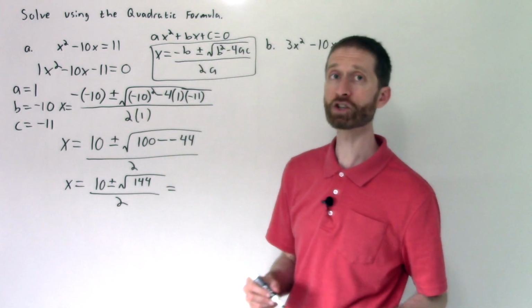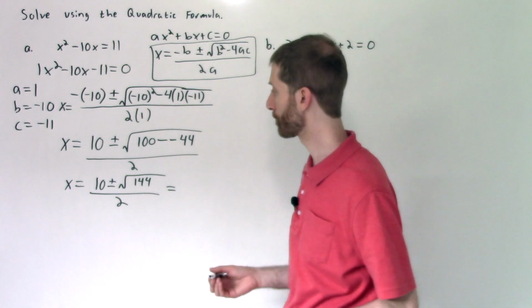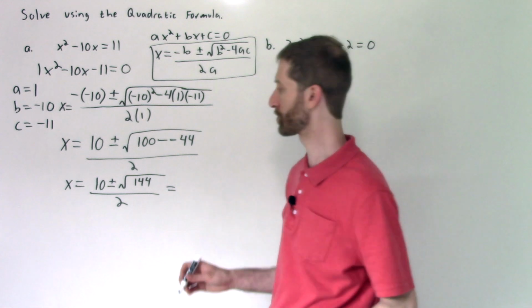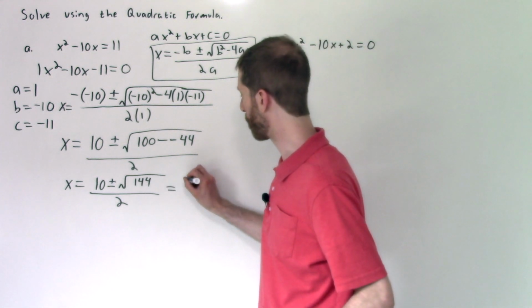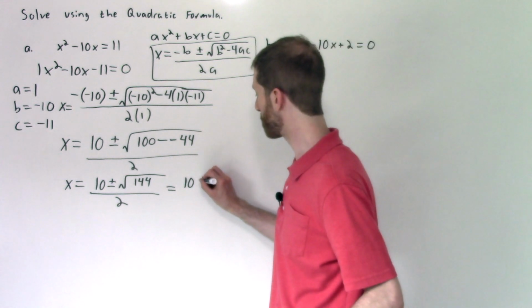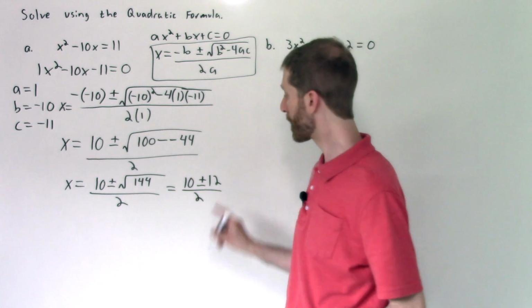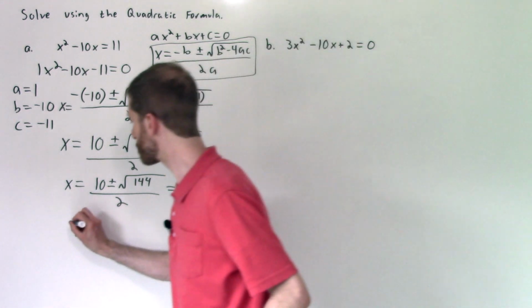Now, if you can take the square root, do it. If you can't, we'll use a calculator, or down the road you'll learn how to simplify those square roots. The square root of 144, well, what number when squared gives you 144? 12. So you get 10 plus or minus 12 over 2. Beautiful. Now what does that plus or minus mean? It means that we have two solutions.